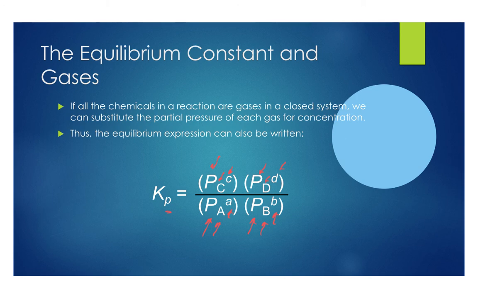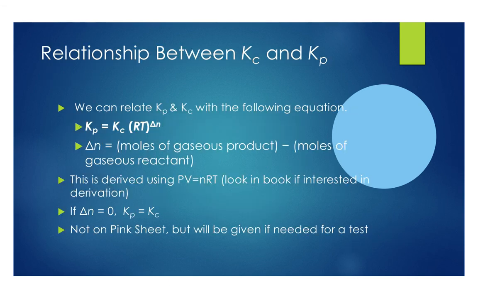We're not using concentrations. And AP does get kind of picky about this at some point, especially in a free response. If something is in gas form, they're going to want the equilibrium expression written in terms of pressures. If something is in aqueous form, they're going to want it in terms of concentrations. Now, there is a way to relate pressures and concentrations in terms of the equilibrium constant.